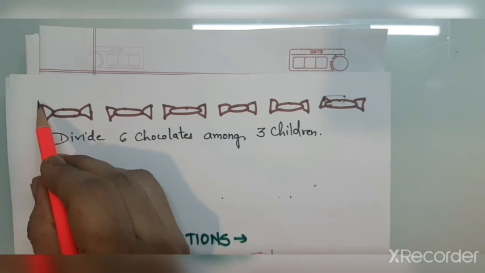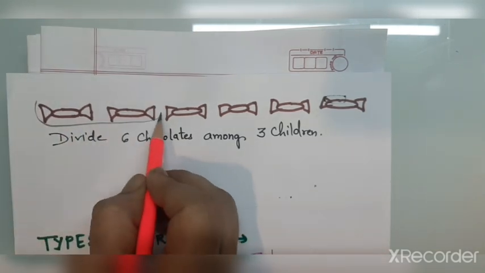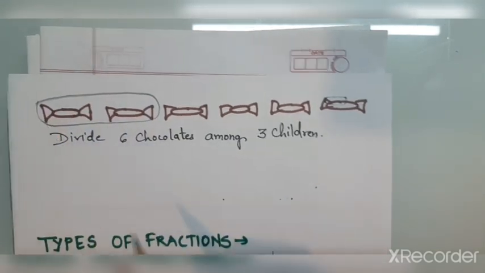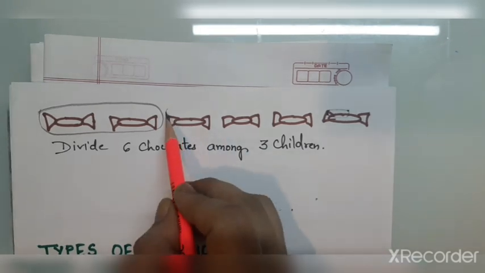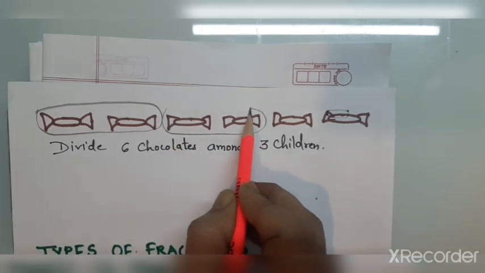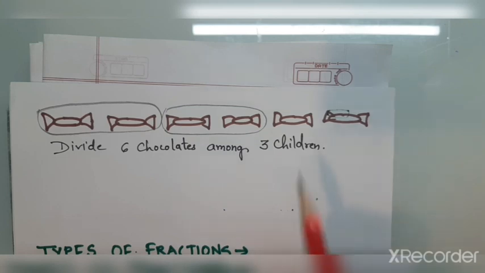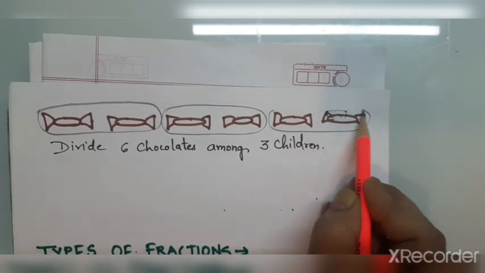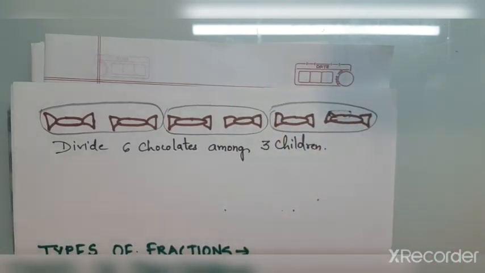These 2 sweets you give to one child, these 2 sweets to another child, and these 2 sweets to the third child. Now how will you solve this? With the help of fractions.